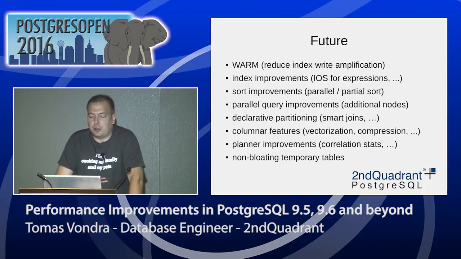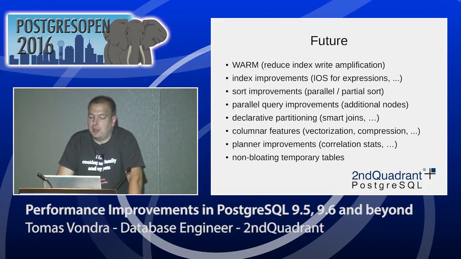As I mentioned, Peter is already working on parallel and partial sort. I'm sure there are other people working on that as well. There are other parallel query improvements, like being able to parallelize additional operations, execution nodes, and so on.